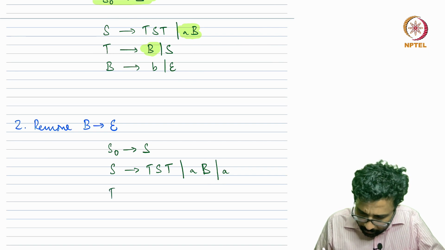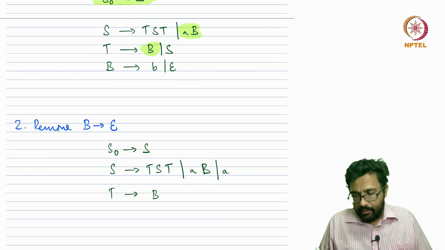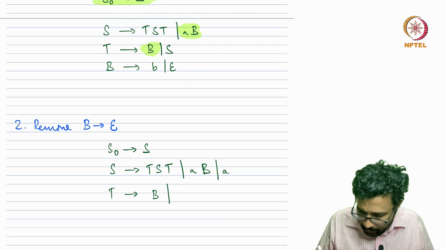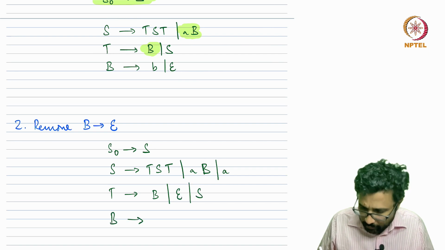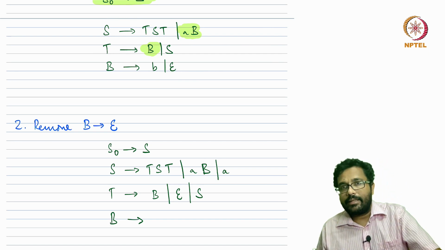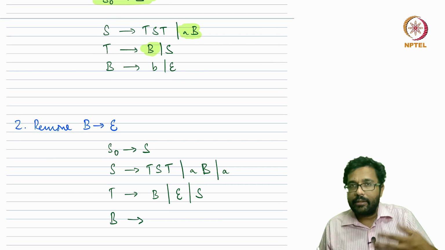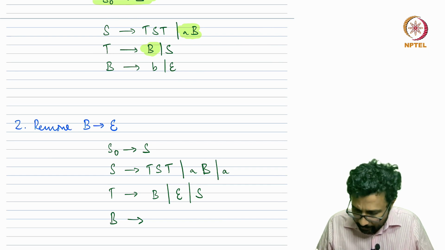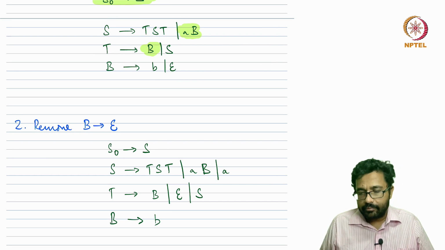Similarly, we have the rule T gives BS. Now if B went to epsilon, this entire thing would also go to epsilon. So we add T gives epsilon, and S remains unchanged, and then B goes to epsilon can be removed, because wherever B appeared on the right hand side, we already took care of what would happen if B went to epsilon. So this is the updated set of rules.